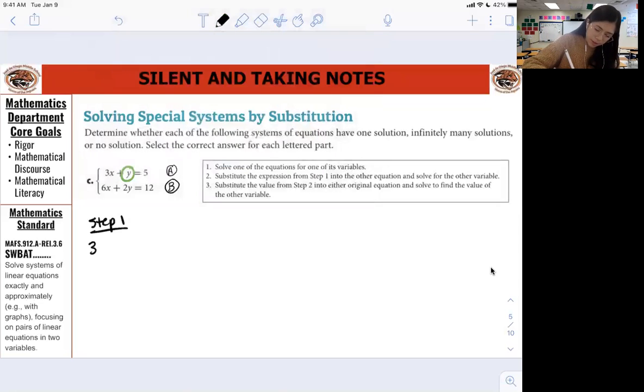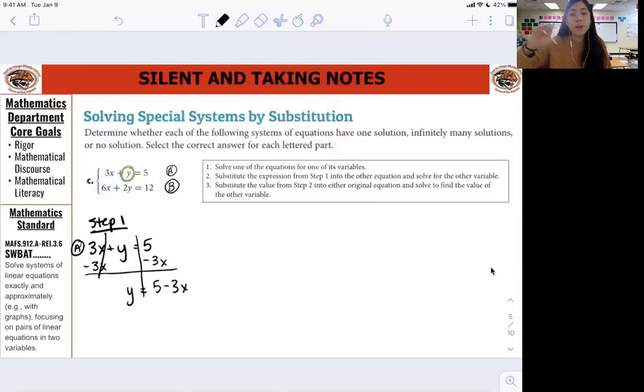So I've got 3x plus y equals 5. What do I do to get y by itself? Subtract 3x. Take away that 3x. Y is all alone, and I'm left with 5 minus 3x.